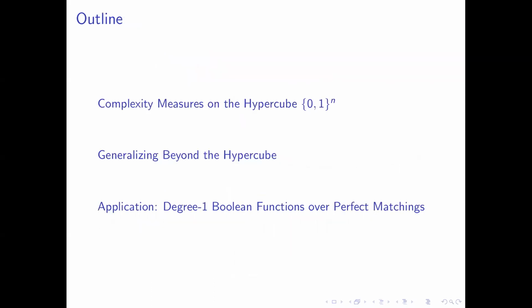Here is a brief outline of the talk. I'm going to start by defining complexity measures on the hypercube, which I'll sometimes call the Boolean cube. In the second part, we're going to generalize some of these complexity measures beyond the hypercube, to some more interesting domains.